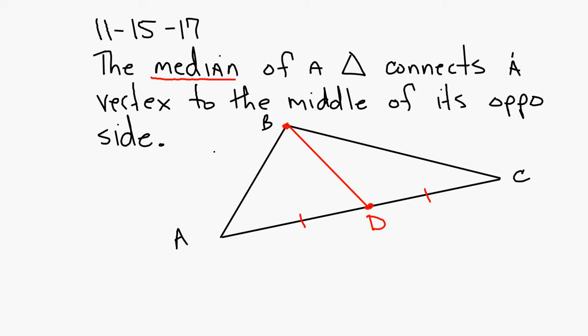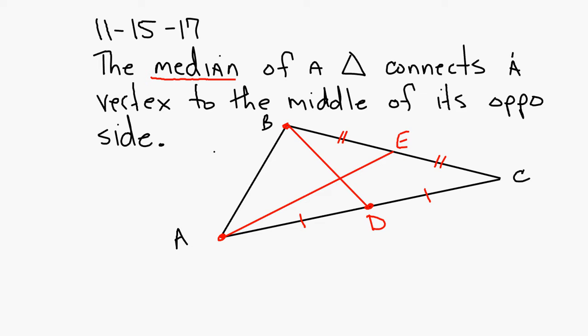If I take another median from point A and I connect it to the middle of side BC, it's going to hit about there. So point E is in the middle of side BC. You see the picture? Median connects vertex to the middle.